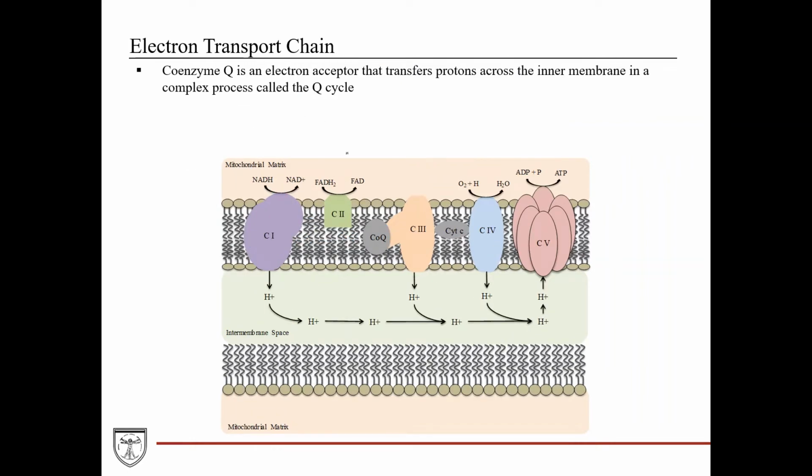Coenzyme Q is an electron acceptor that transfers protons across the intermembrane in a complex process called the Q cycle, hence the name. We're not going to go into the details of the Q cycle just because it's a very low-yield concept, even for a biochemistry exam, and especially for a board exam. Really just know that it takes part in transferring electrons from complex 1 and complex 2, receiving those and then transferring them on to complex 3.